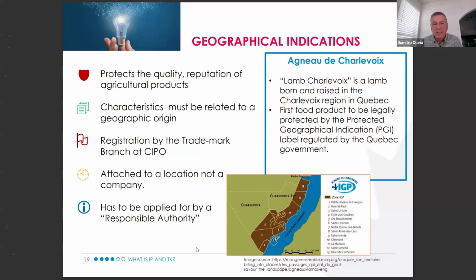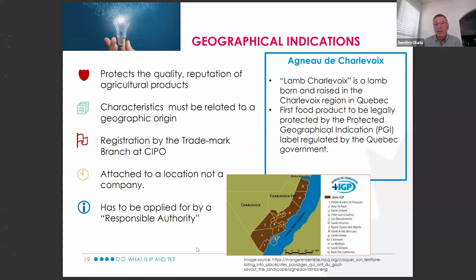So that is the responsible authority. An organization can also use that kind of trademark protection, geographical indication, to enforce it, to stop others from using a similar indication when the product is not a genuine product from that particular location.